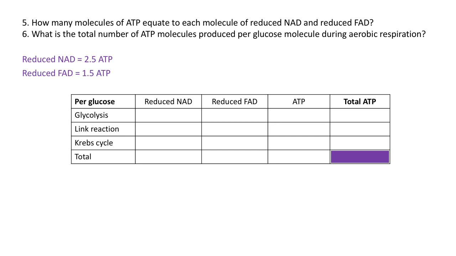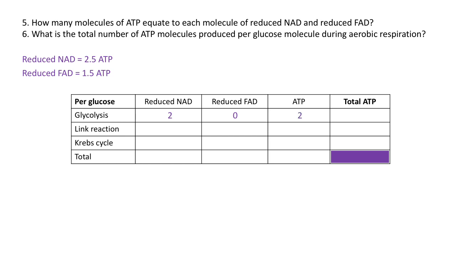So now let's go through the amount of ATP produced using the table. So we'll start with the glycolysis row. So during glycolysis we get 2 reduced NAD, no reduced FAD, and 2 ATP.